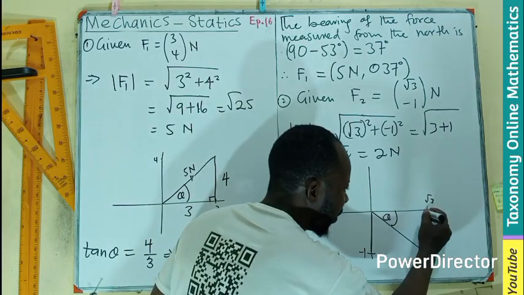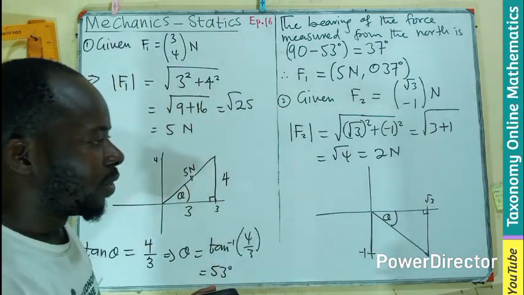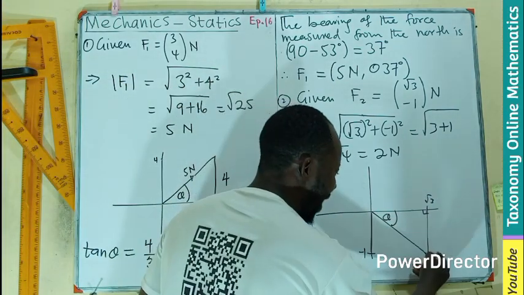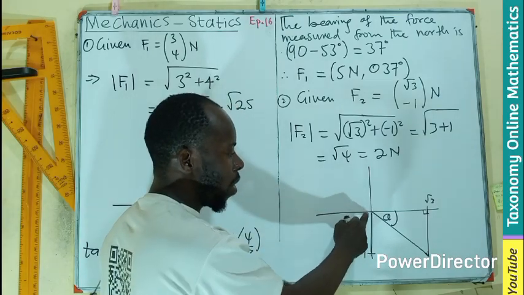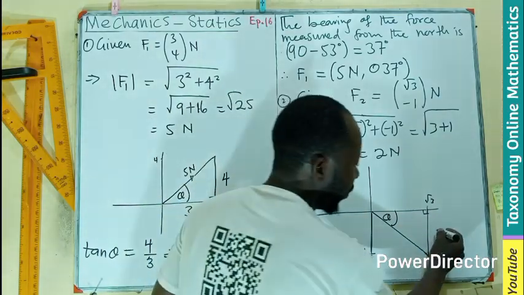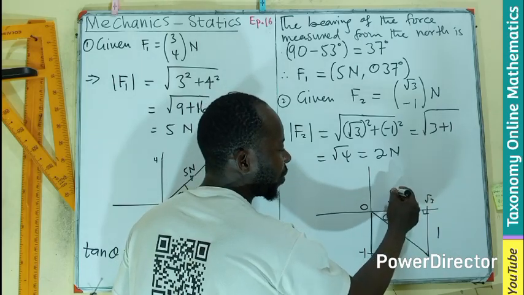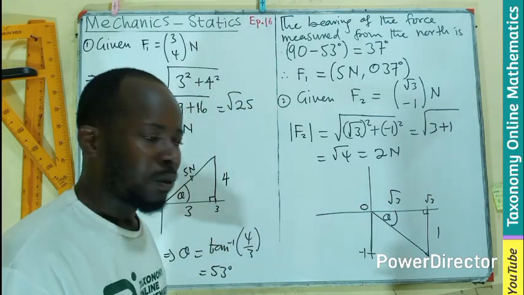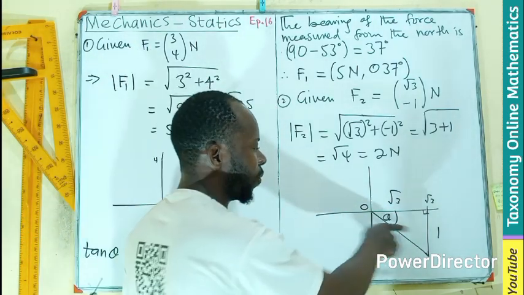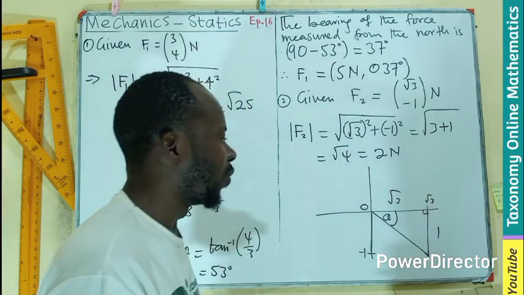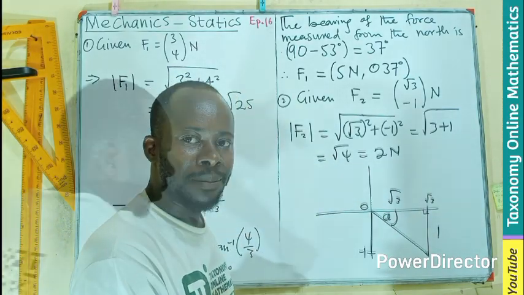So this is going to be your 90 degrees. What do we do? The distance here is the measurement from the origin to the -1, which is 1. The distance from the origin to here is the root of what? 3.